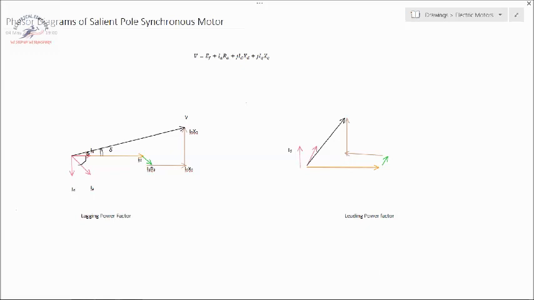Without understanding these phasor diagrams, it will not be possible for us to be in synchronization with the next topic. So before the next topics are released, each and every viewer here is supposed to practice these phasor diagrams, and it should be ready at your fingertips.